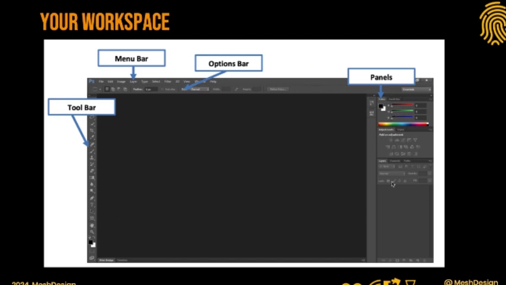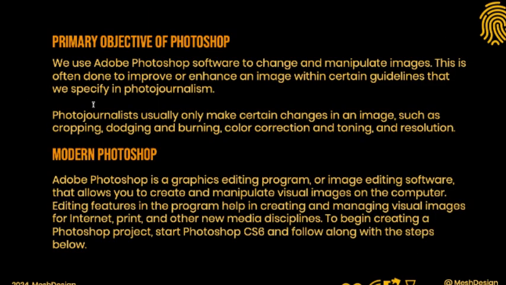Everything you see on the right is a panel: layer panel, adjustment panel, color panel, status panel. The panel bar just helps with basic shortcuts that you can use more frequently while you are designing. And then the option bar, let's see what this bar actually means.